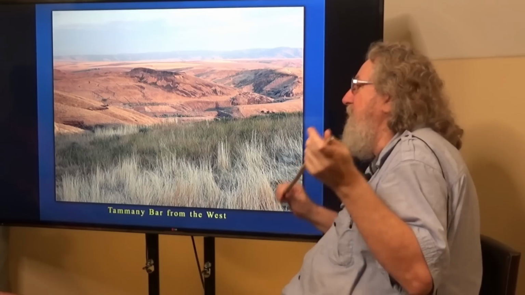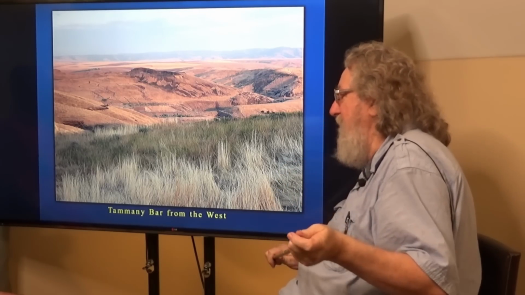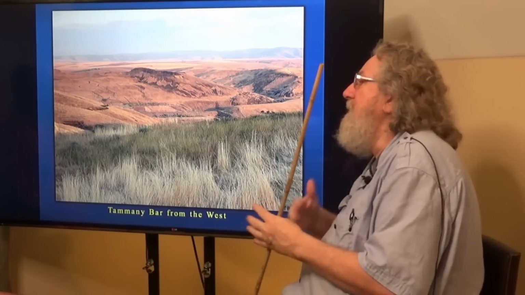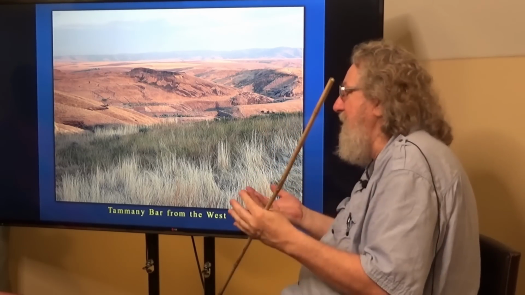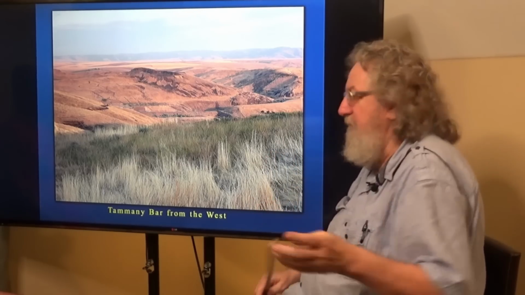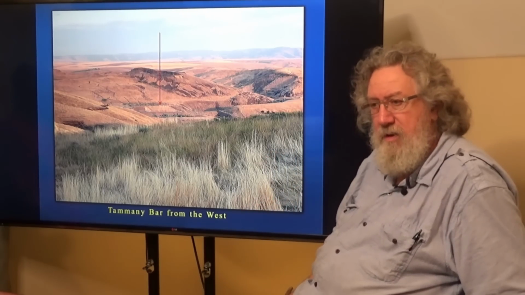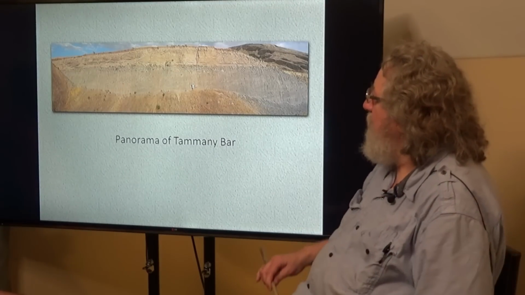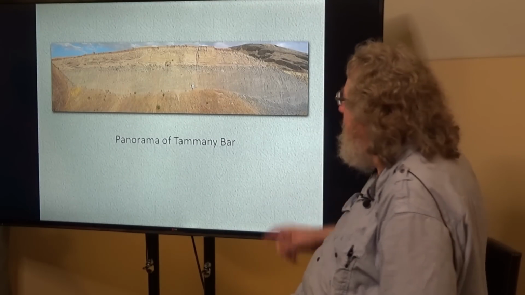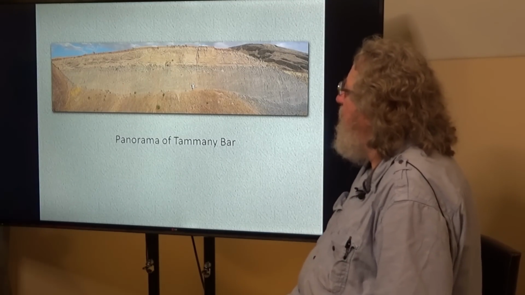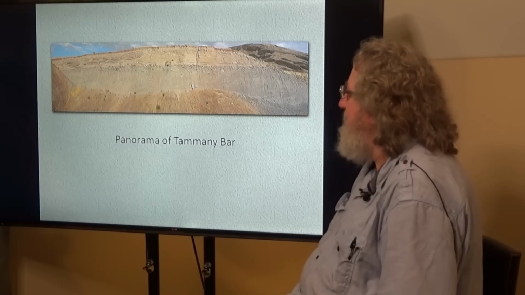Now the question is, were they happening at the same time, or were they separated by centuries or millennia? I don't think that's been resolved yet. The arrow points to the outcrop, and here we're going to see a closer outcrop, and you can see that in this Tammany Bar there are two very distinct types of sediment.